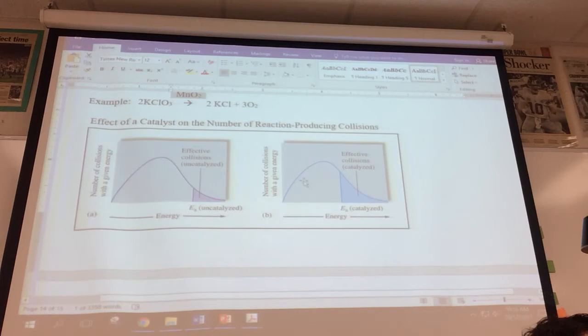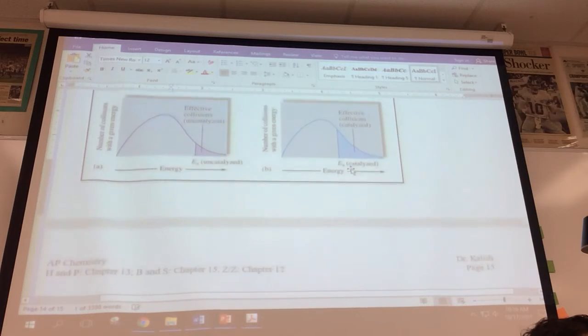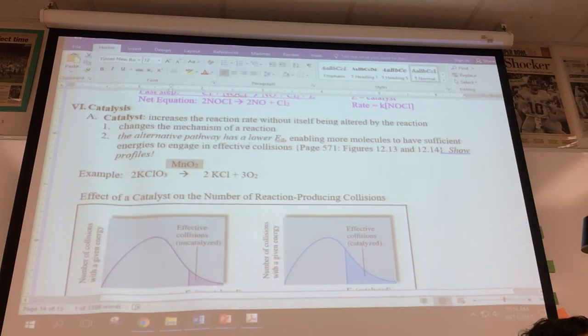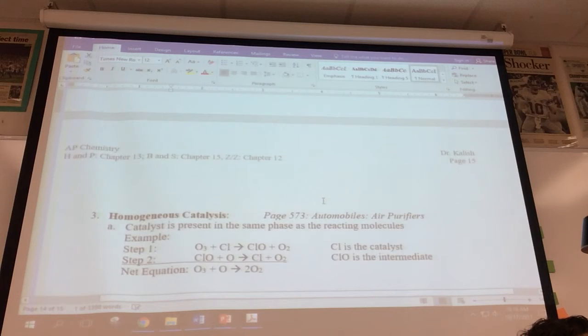If you compare these two profiles, you've got the number of collisions with a given energy on the Y. You're looking at energy on the X. In an uncatalyzed reaction, only these collisions here will have enough energy to overcome the activation energy barrier. In contrast with a catalyzed reaction, many more collisions with enough energy to overcome the activation energy exist. So a catalyst is a substance that increases reaction rate by providing an alternative pathway that has a lower activation energy.